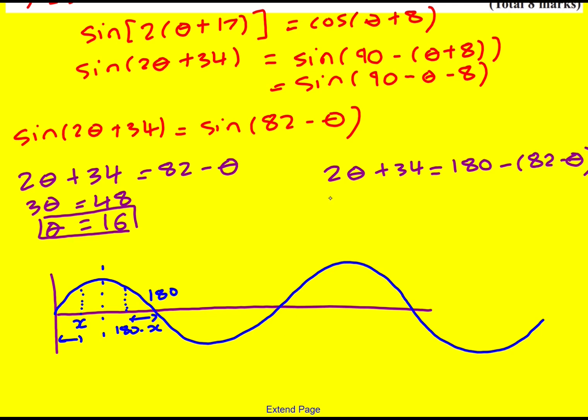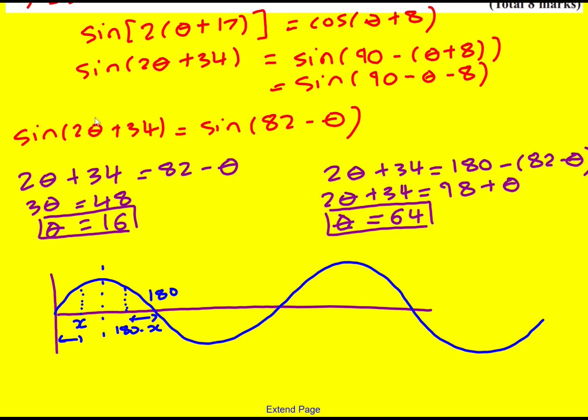And then this gives 2 theta plus 34 equals 98 plus theta. So subtracting theta from both sides, theta will equal 64 degrees. Then we've got ourselves a second solution.